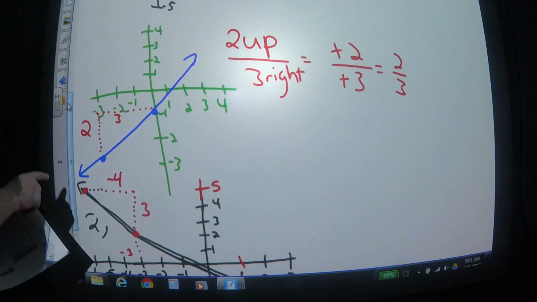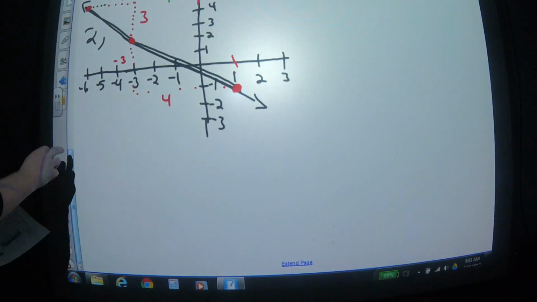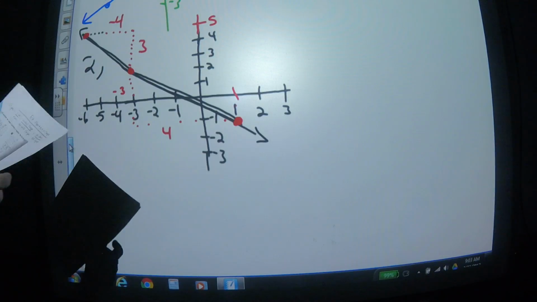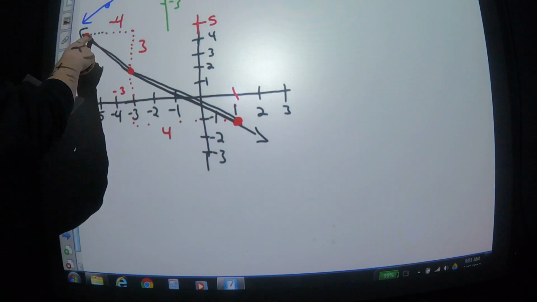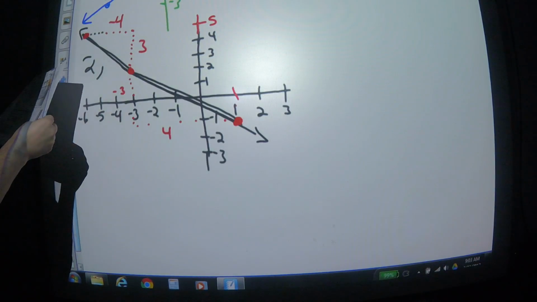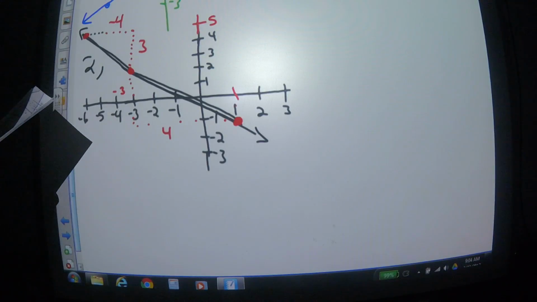So, looking at the last one, you've got a point, and you want to be able to plot a line using the point.